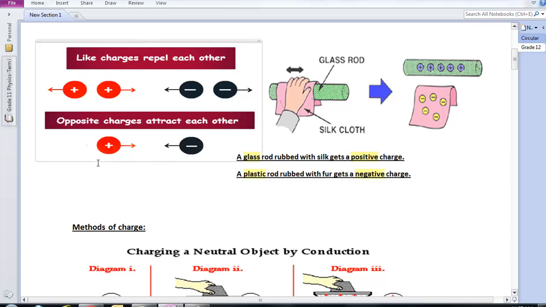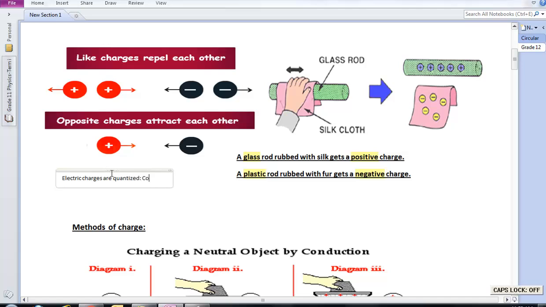Also, there is another important property, and we say that electric charges are quantized, and by quantized we mean that they are conserved. Electric charges are conserved, and this is related to the conservation law of a charge.